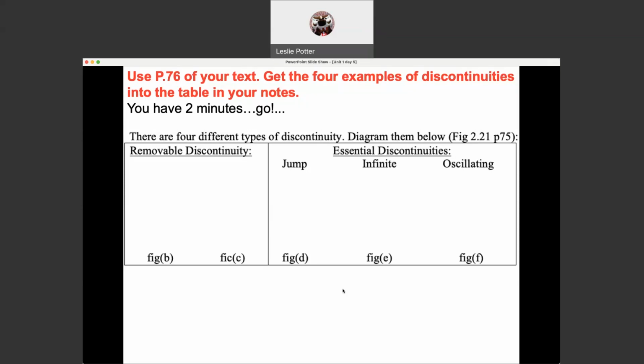Is it on page 76? The people I loaned books out to, we don't have this in this book.